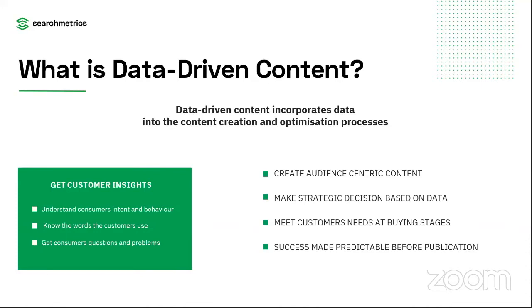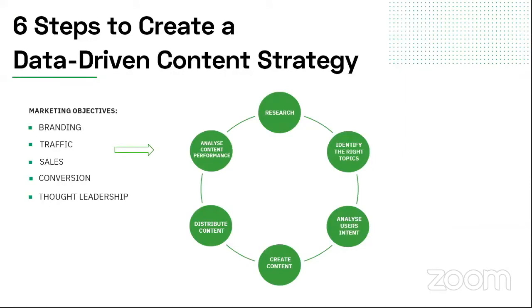The 6 steps are based on the different steps that a content creator goes through, incorporating data within these steps. It allows you to really make sure that your content is aligned with what your target audience wants.